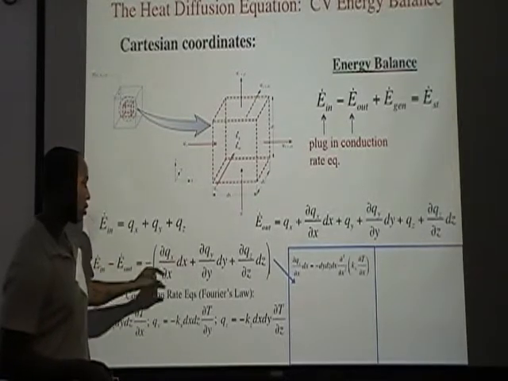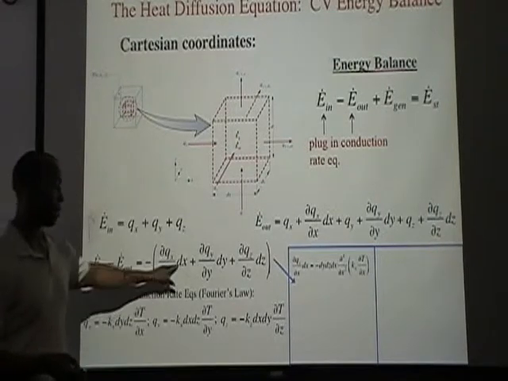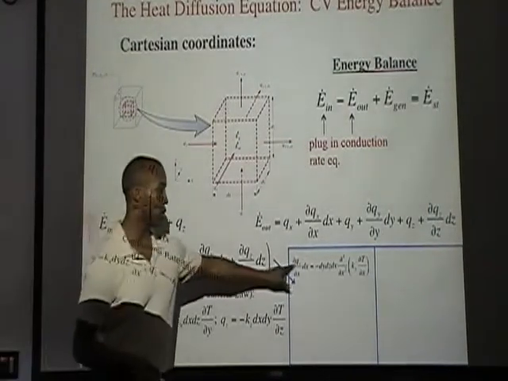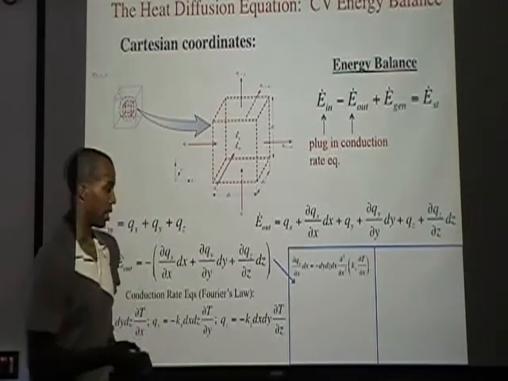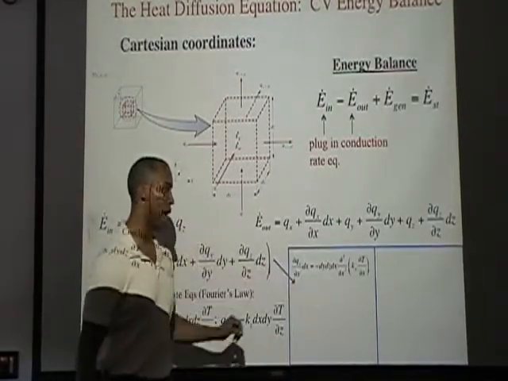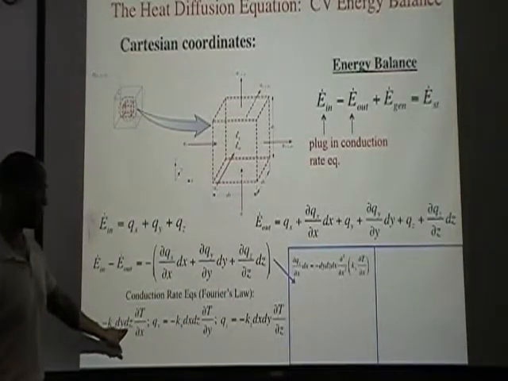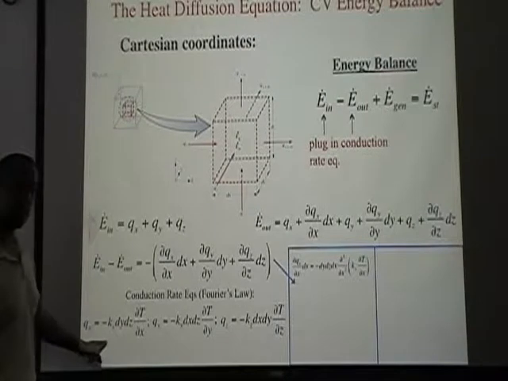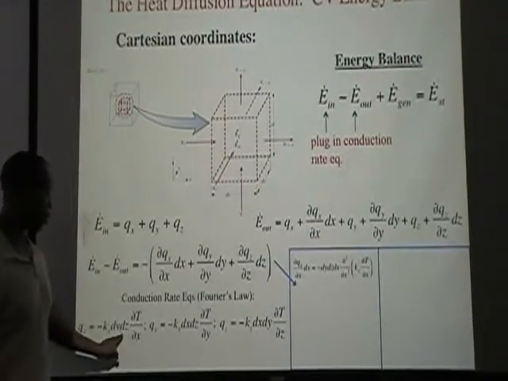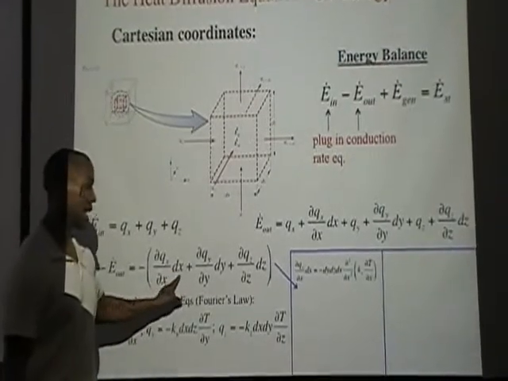So here we have the partial derivative of qx with respect to x times dx. And this equals this relation here, which is hard to see on the board, but you have it in your notes. This is basically saying that it's now equal to dy times dz, because we have the heat rate occurring over the surface area that's normal to it. And then we pick up this dx here.